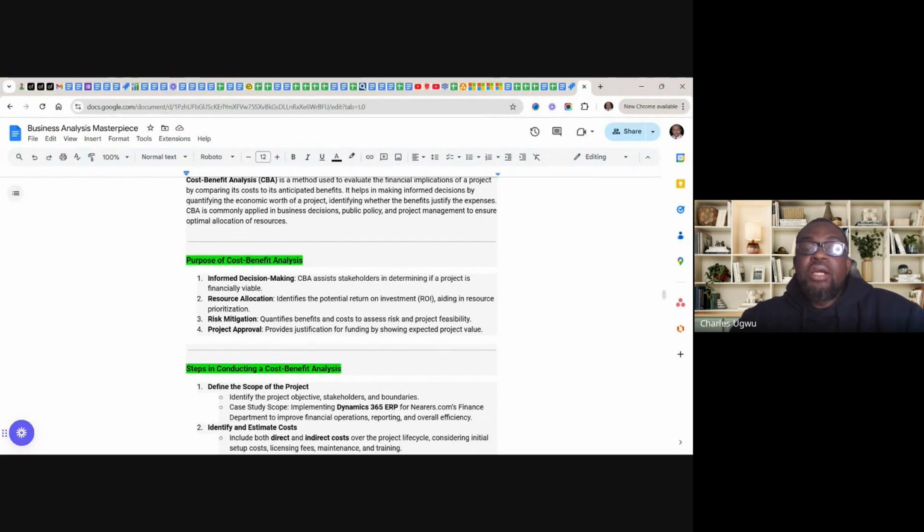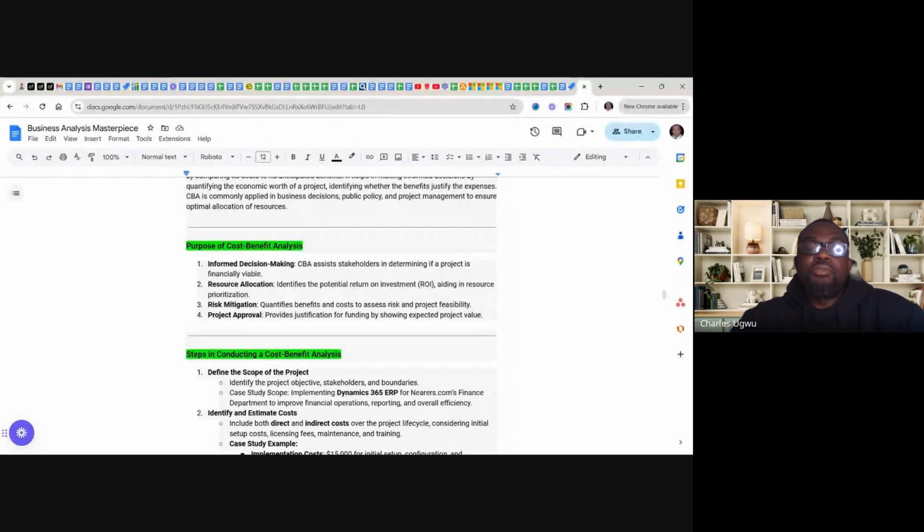Resource allocation: identify the potential returns on investment, aiding in resource prioritization. Return on investment. All of us should know what we mean by return on investment. Everything we do is return on investment.